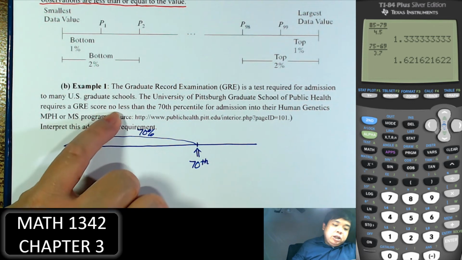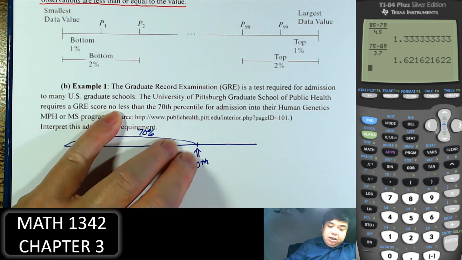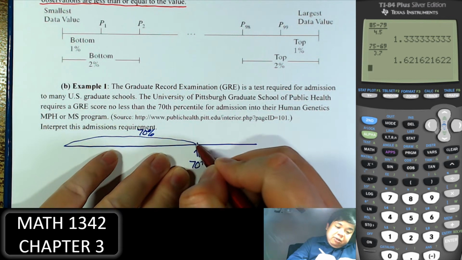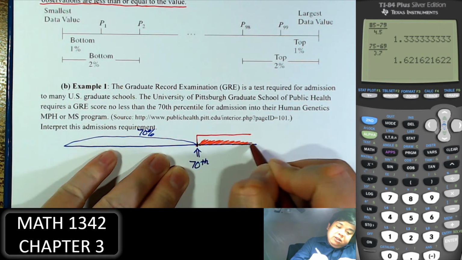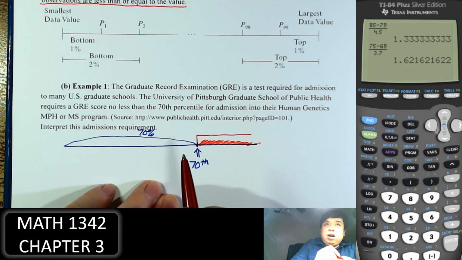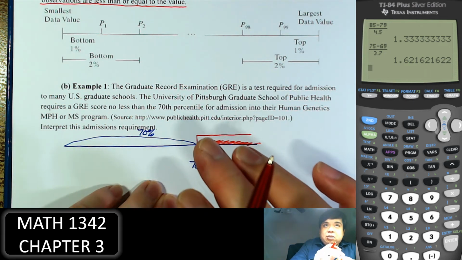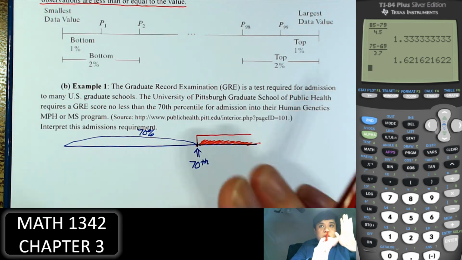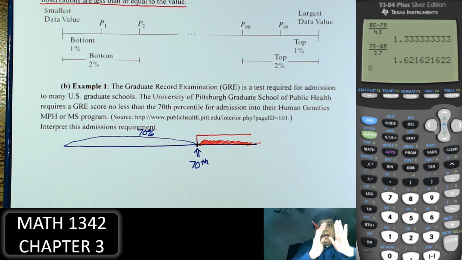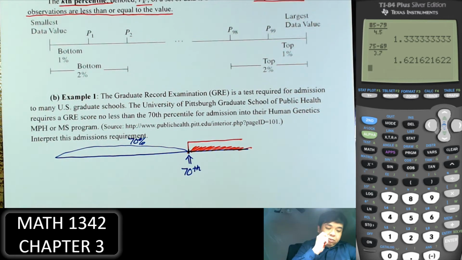And the score is no less than 70%, meaning that if it is 70% or higher it will be accepted. So again, the 70th percentile by definition means the grade includes the scores below it, and those values altogether make up 70%.